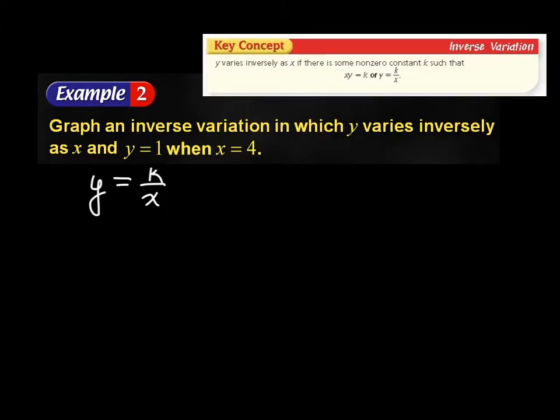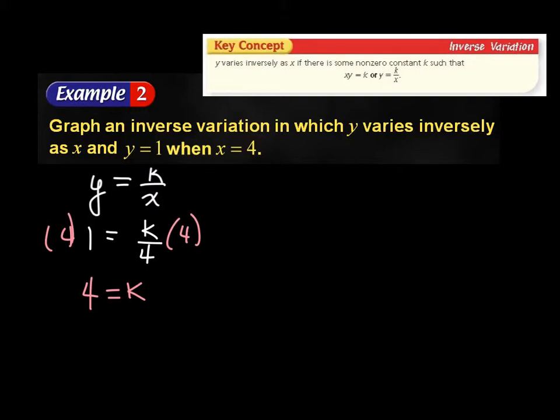Graph an inverse variation in which y varies inversely as x and y equals 1 when x equals 4. So to find k, my constant of variation, we're going to multiply both sides by 4, and I have 4 equals k.